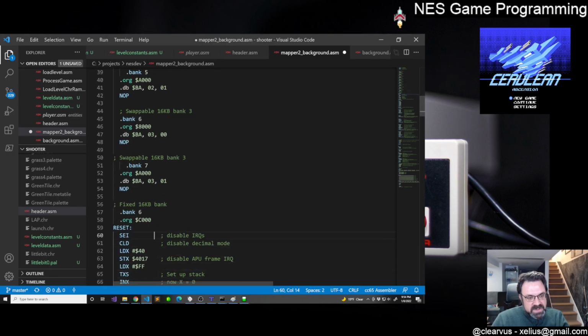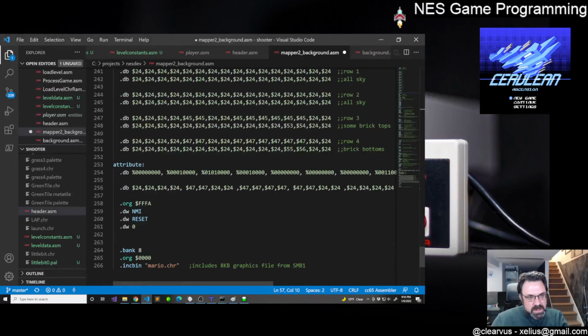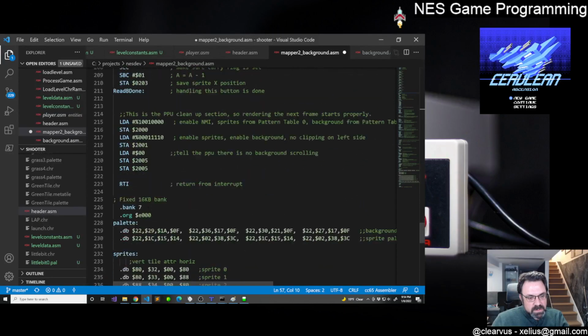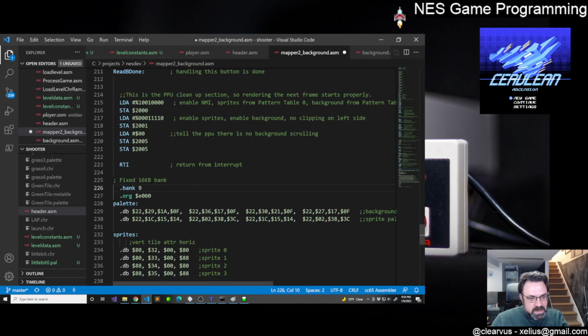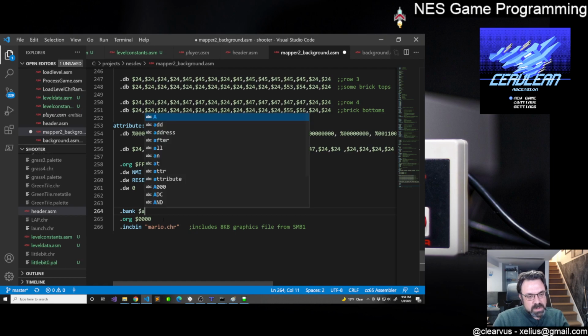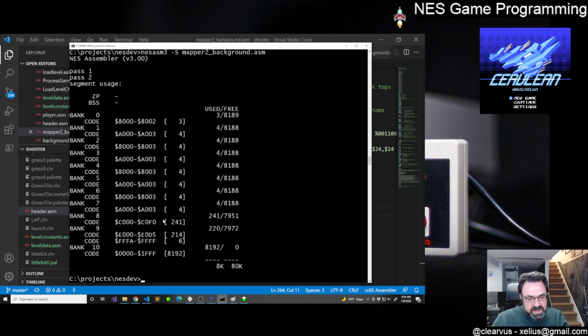And then here's our fixed bank, so this becomes 8, and this becomes 9, and then this becomes, we'll do it in hex, 10. That's our ROM, and let's see if I got this right the first time. I think I did. So we've got our additional banks now that we added, and Mapper 2.